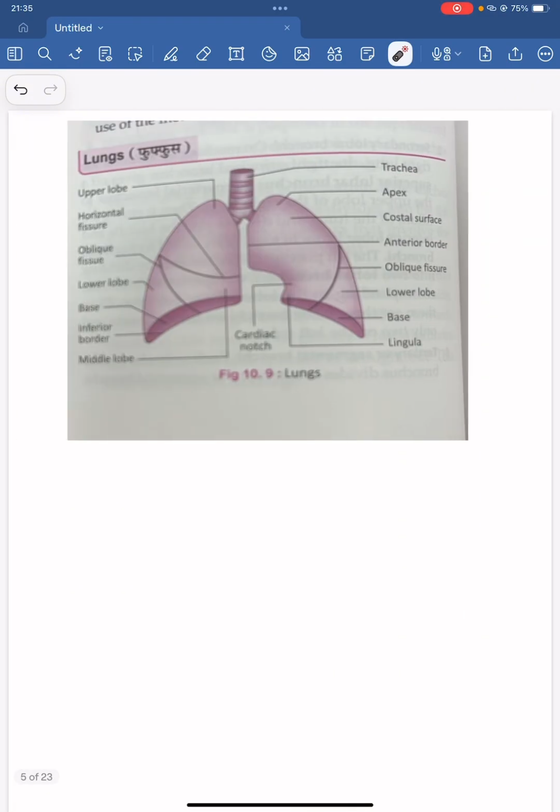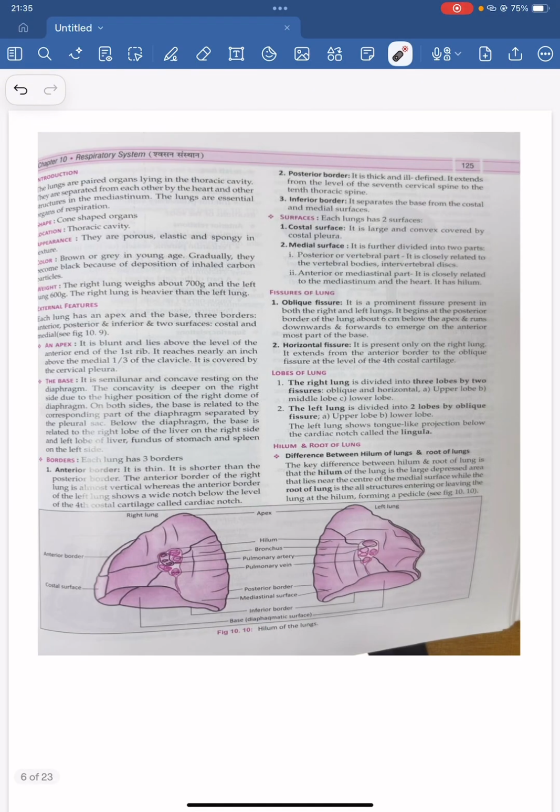In another image, I have the anterior border and the posterior border, and if you hold it in a proper way, you can feel the inferior border. The surfaces are the costal surface, which is towards the ribs, and the medial surface, which is towards the mediastinum.